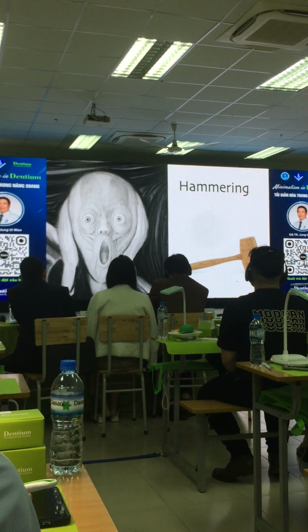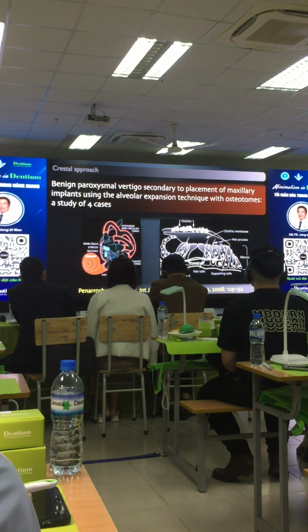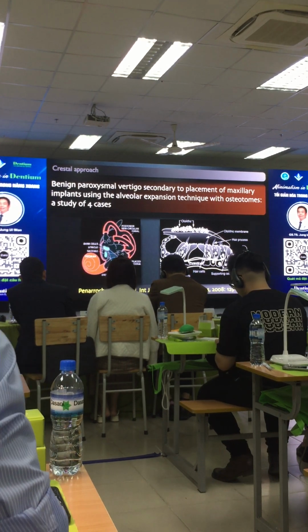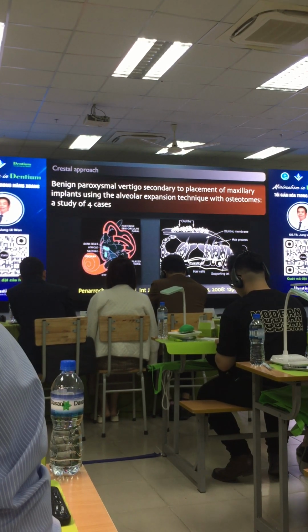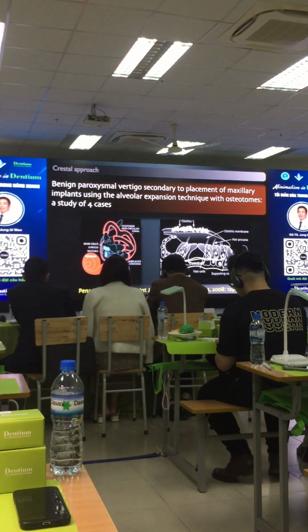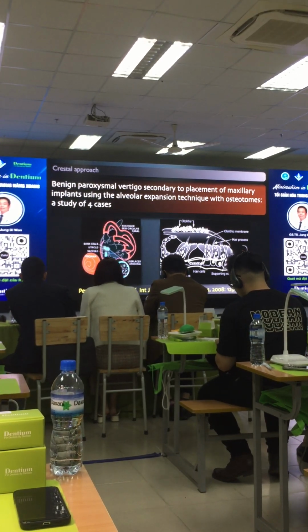However, excessive use of mallet during the use of osteotome can be unpleasant for the patient. And in severe case, it can cause displacement of the otolith with damage to the vestibular function, resulting in paroxysmal positional vertigo.